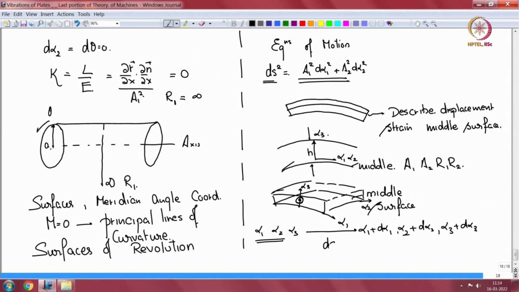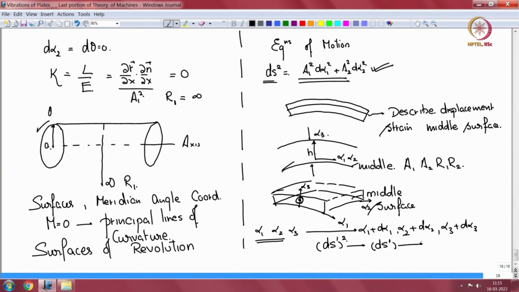We will call that ds dash whole square, just like this. It will also carry a1, a2 and so forth, but it has a different form.